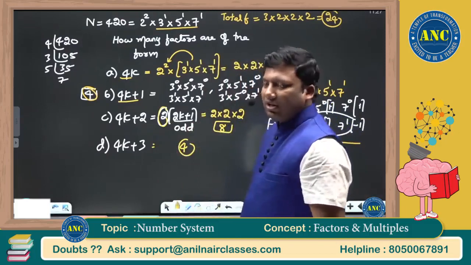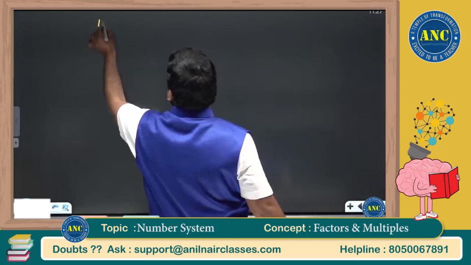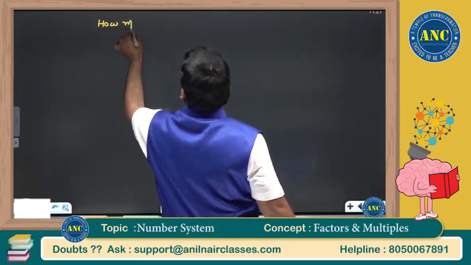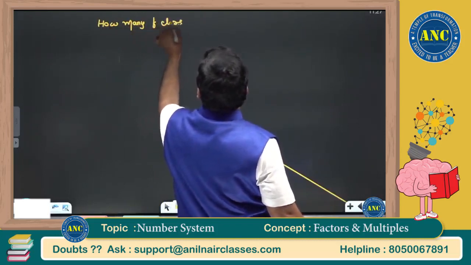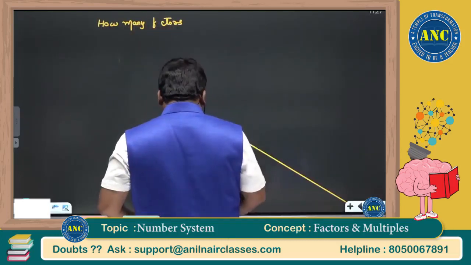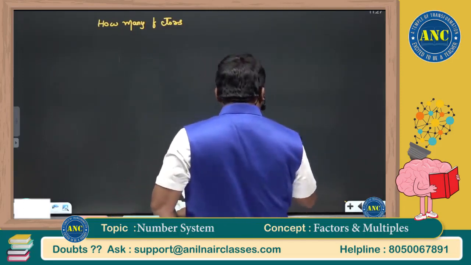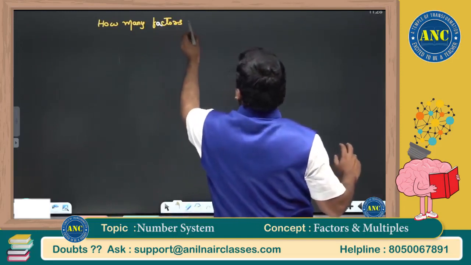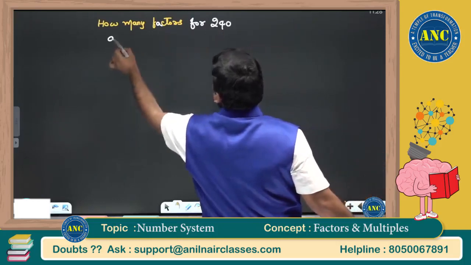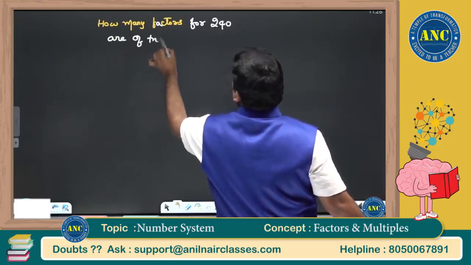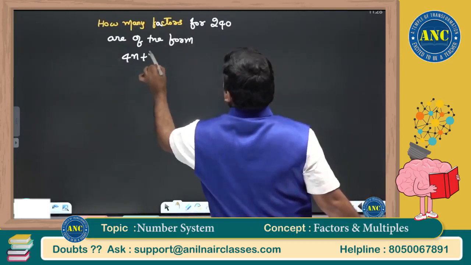In your examination, there is a question like this. How many factors for 240 are of the form 4n plus 2?